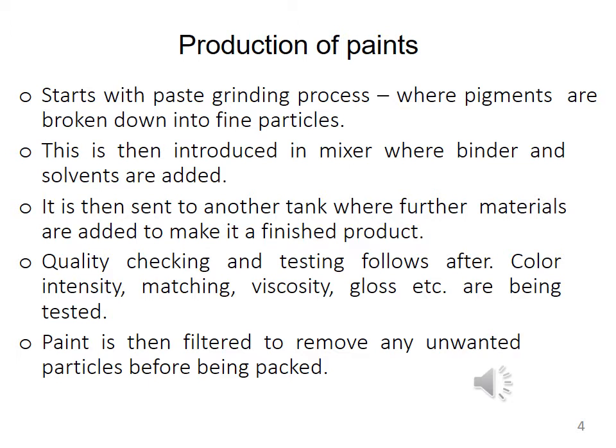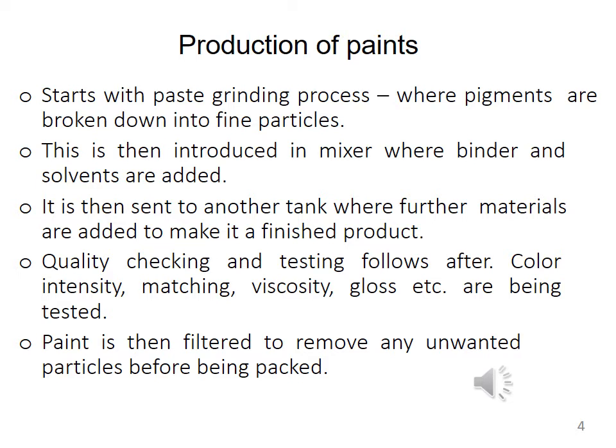In this process, the paste which is made for the manufacturing of paints goes towards the grinding process, where pigments are broken down into fine particles. The pigments which are present in the paints are broken down into pieces and then converted into fine particles.